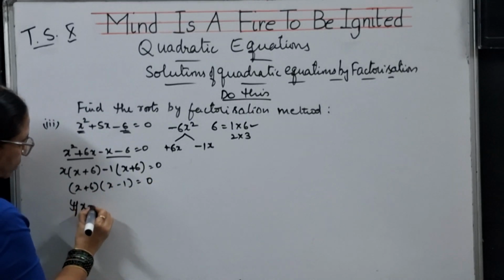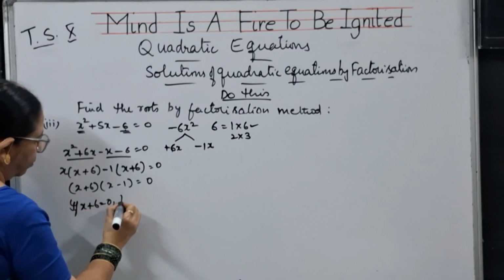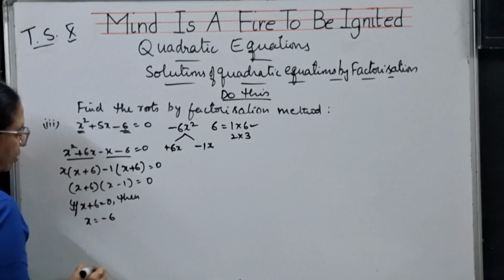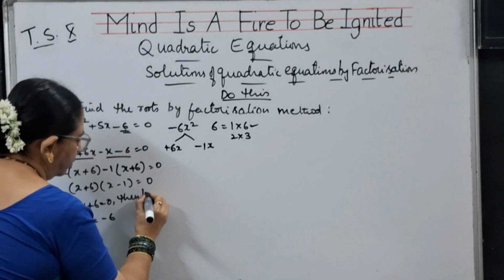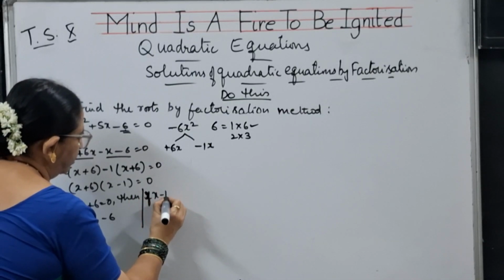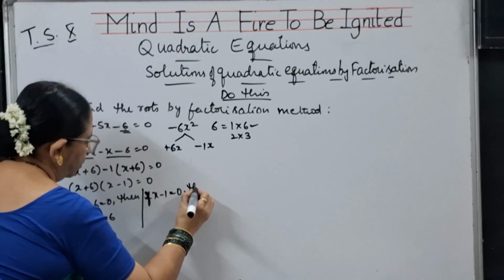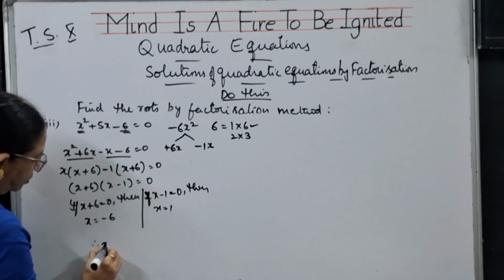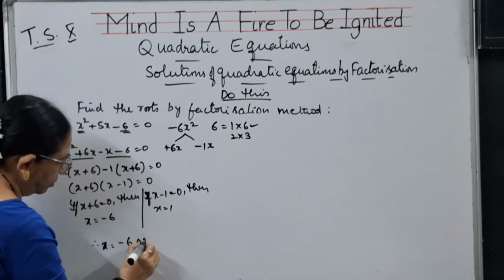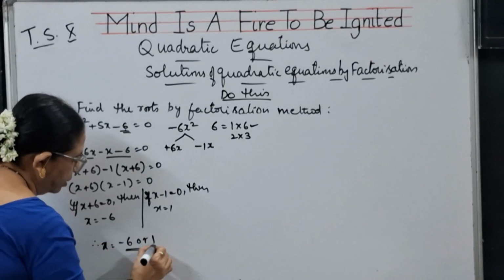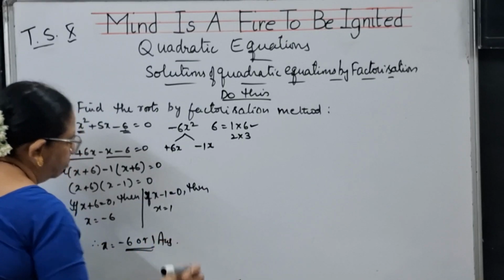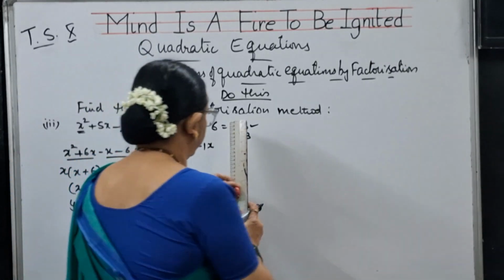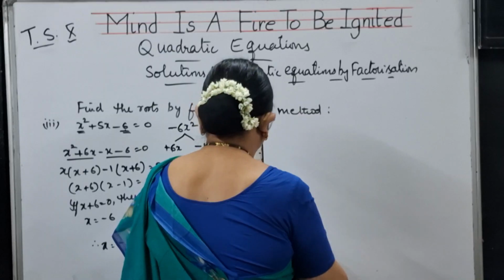If x + 6 = 0, then what is x? -6. If x - 1 = 0, then x = 1. Therefore, x values are -6 or 1. These are the answers for this bit, children. This is third bit. Now, we'll see the fourth bit.